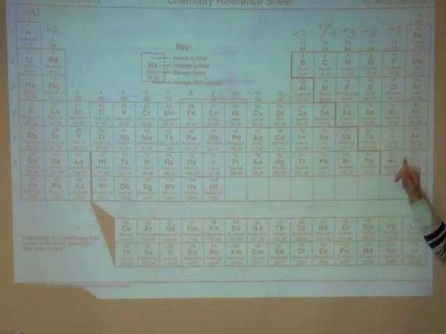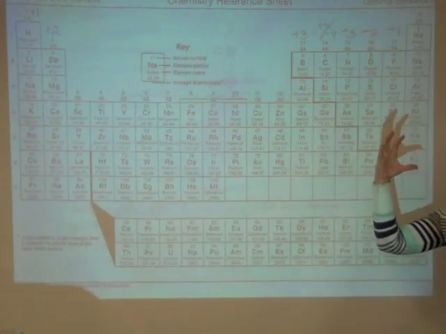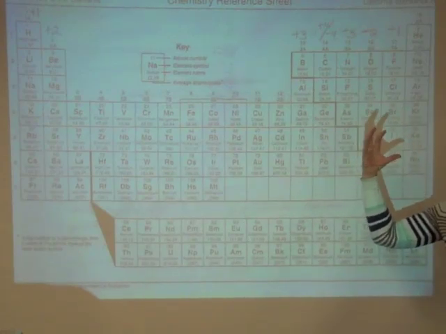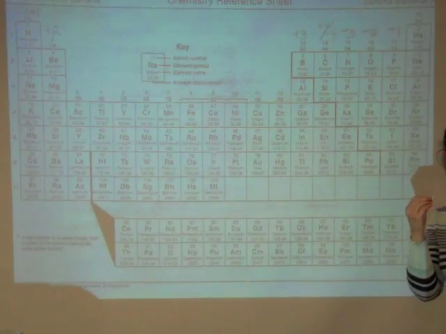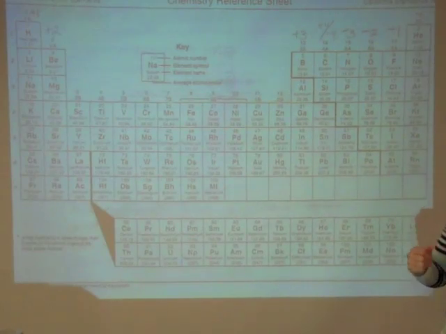Because these valence electrons are what? They are further away from the nucleus. So the further you get from the nucleus, your effective nuclear charge continues to go down.